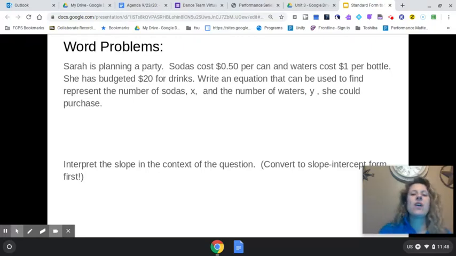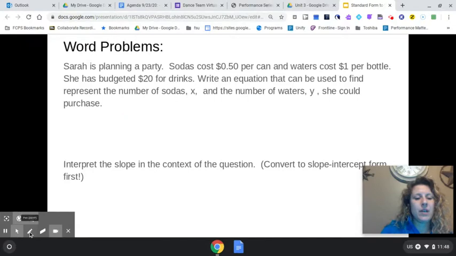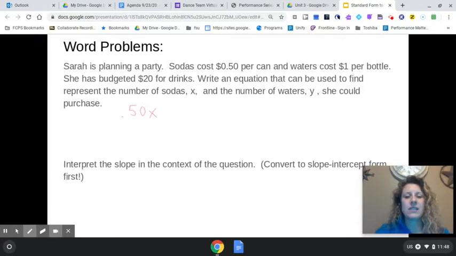First of all, sodas cost 50 cents per can. So per, remember, is one of our keywords for multiplication. So we would take 50 cents, or 0.50, times the number of soda cans. So that's X. We would add on waters cost $1 per bottle.